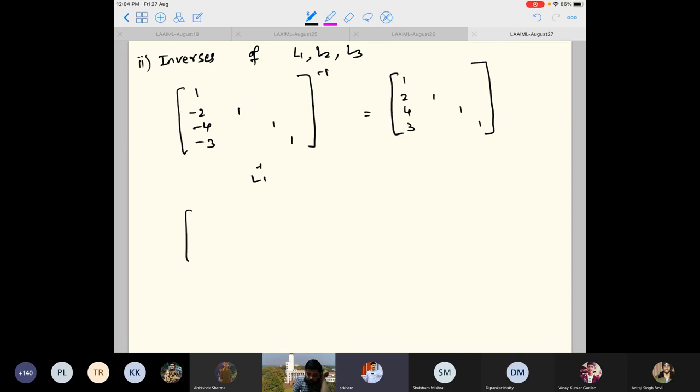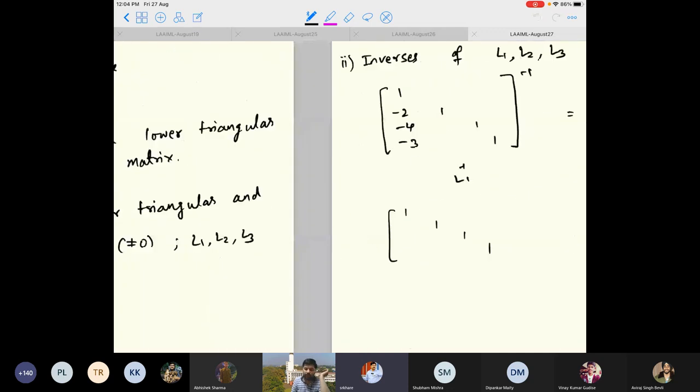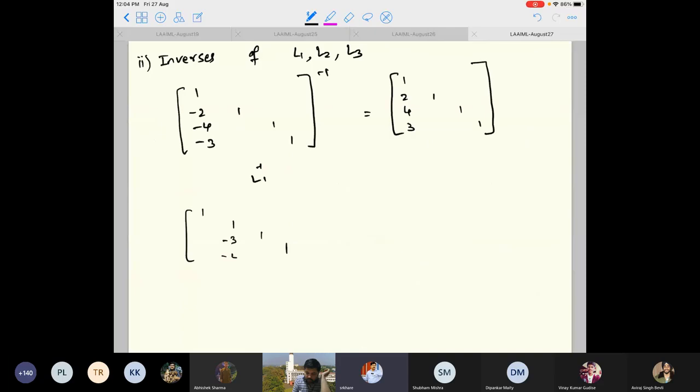So what will be the inverse of L2? Can you guess? What is L2? Matrix L2 was minus 3, minus 4, right? Minus 3, minus 4 here. The inverse of this matrix, what will be the inverse? Can you at least check that this is the inverse?